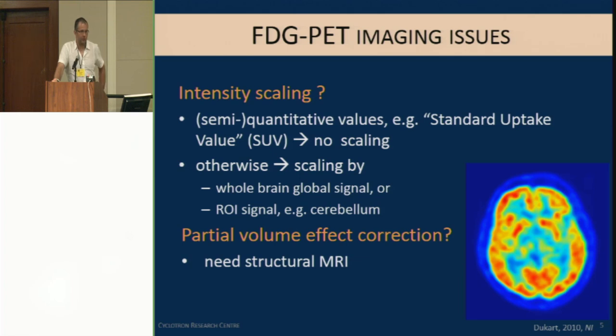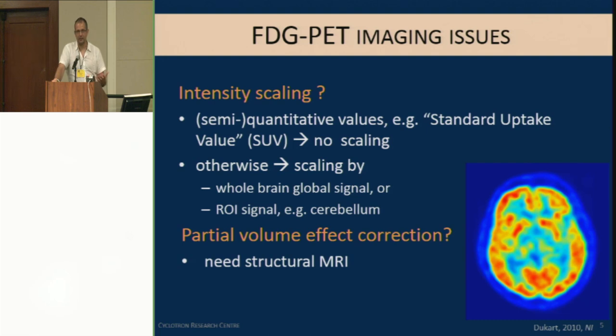More generally, you don't have this quantitative value, and you get just an estimate of the distribution. But depending on how much radio tracer was injected, or the time between the moment it was injected and the scanning, it usually takes like 20 minutes injection and 30 minutes scanning, but sometimes it's longer with patients, problems arise.